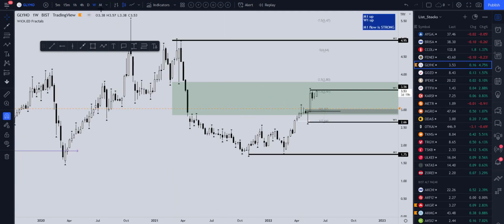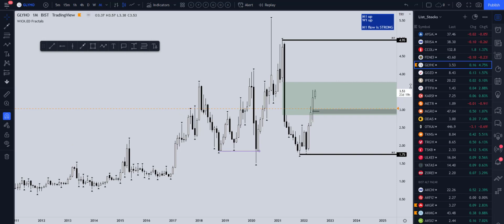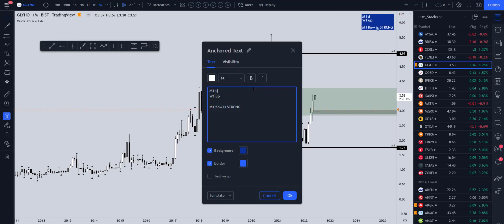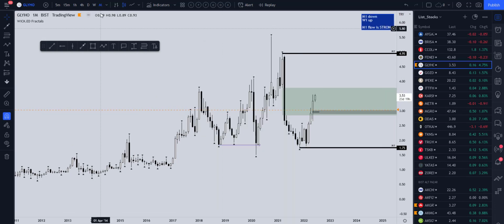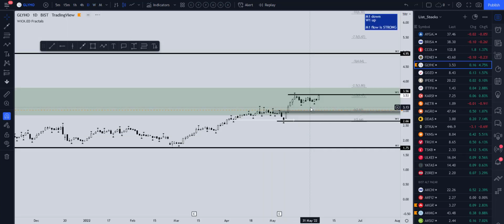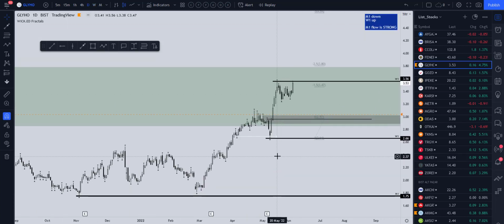Yep, up. Nope, monthly is not up, it's down. So I'm going to re-update this. As you see, the trade has to be external. This is external because it's outside of this daily range, and we are still protecting that daily range.